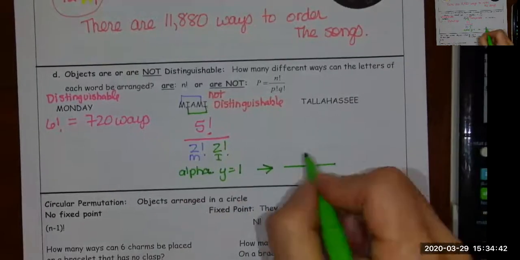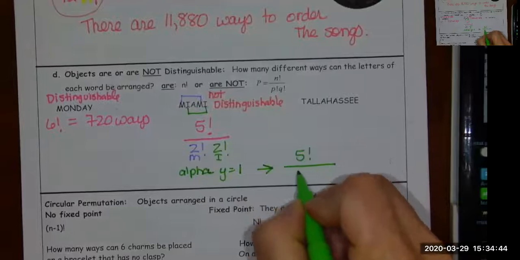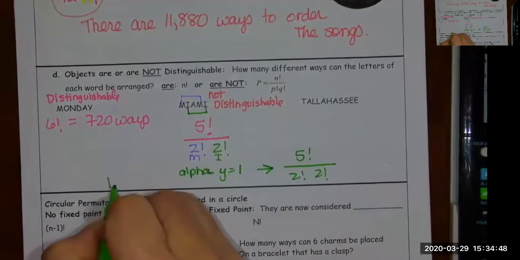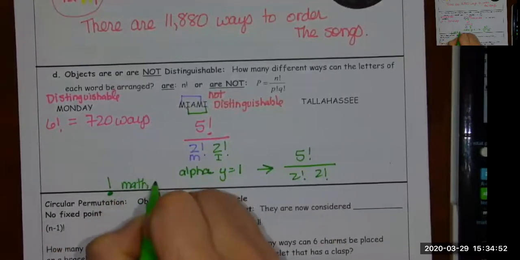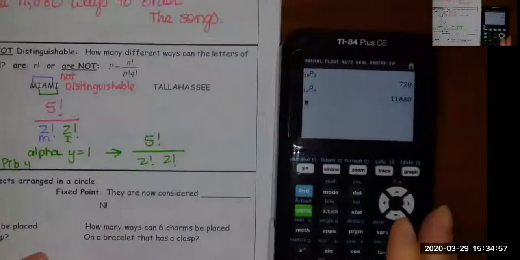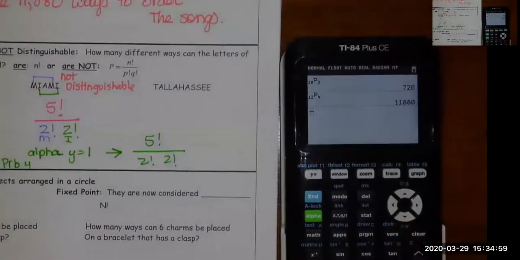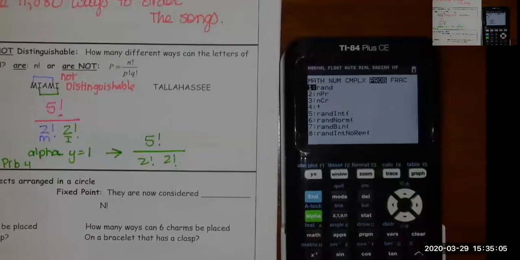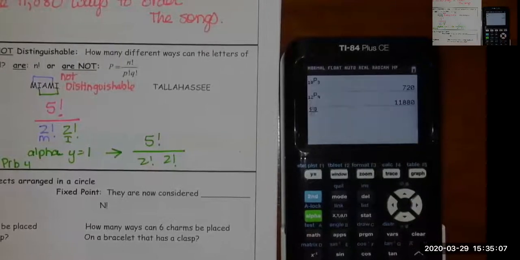And then in the top, we're going to put 5 factorial, 2 factorial, 2 factorial. And the factorial is math, PRB, 4, or PROB, whichever calculator you have. So let's try that. We're going to go 5, and we need the factorial button. So we're going to go math over to probability, or PRB, 4.